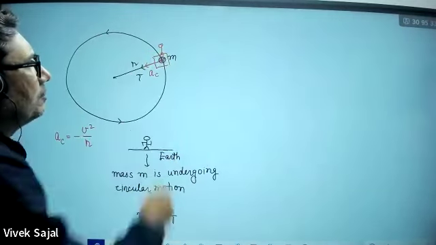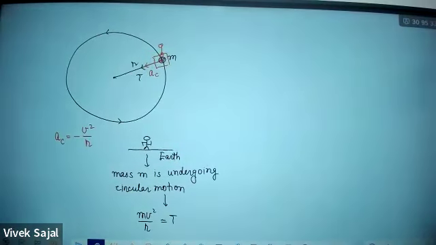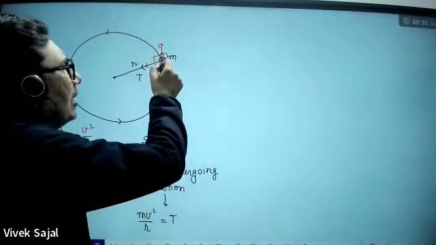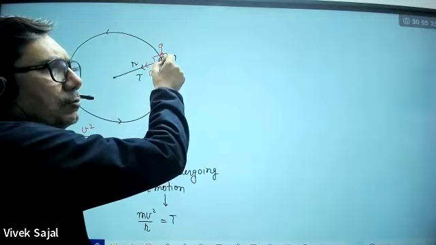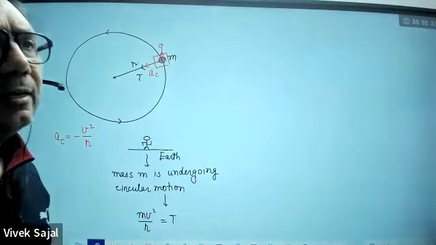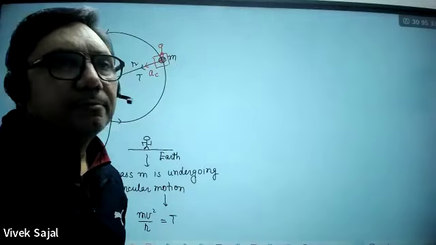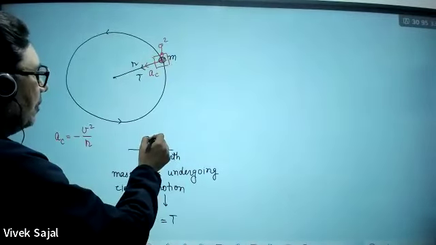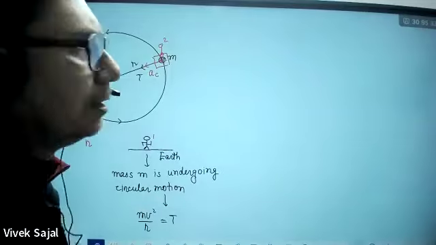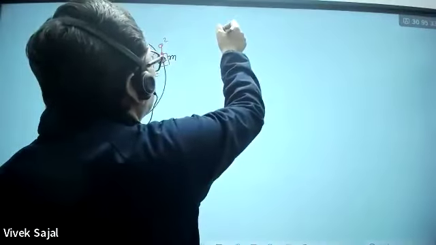What type of frame is this on which the observer is standing? That is an accelerated frame. This is the first observer, and this is the second observer.